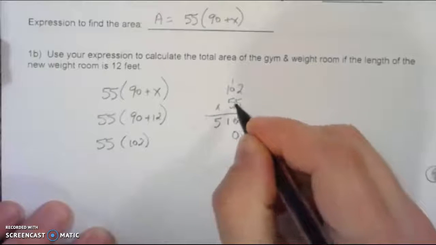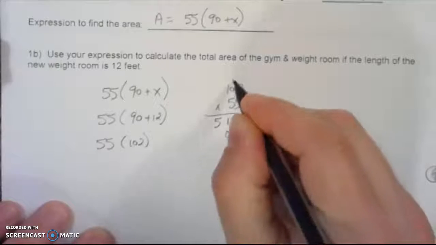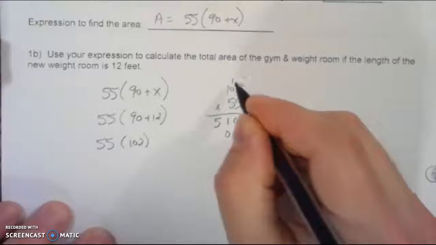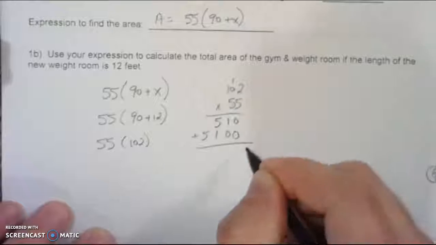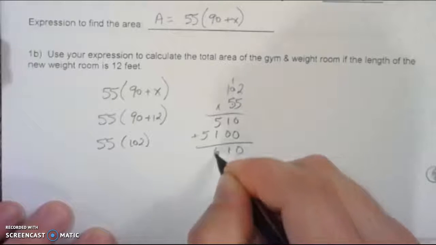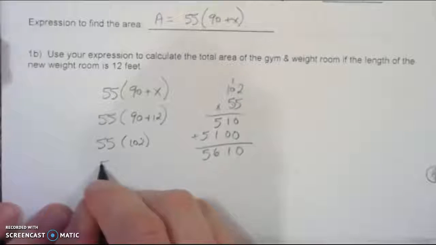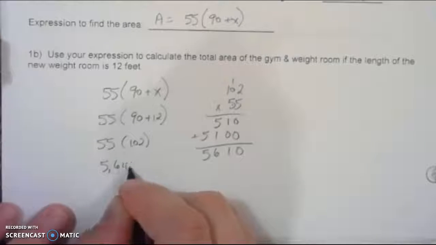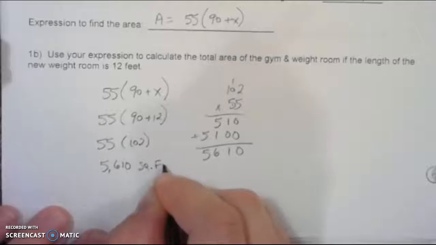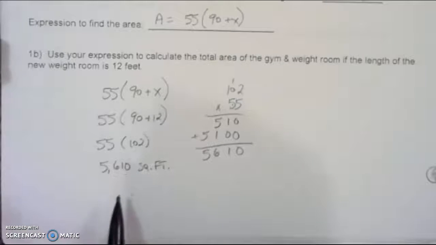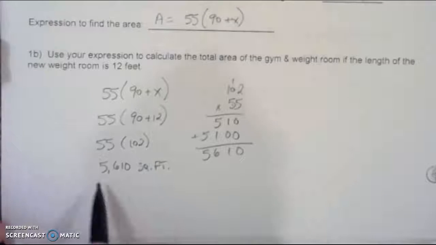Then a 0 placeholder, and again 5 times 2 is 10, carry a 1, 5 times 0 is 0, add 1 is 1, 5 times 1 is 5. If we add this together, we get 5,610 square feet. The area of the gym and the weight room is 5,610 square feet.